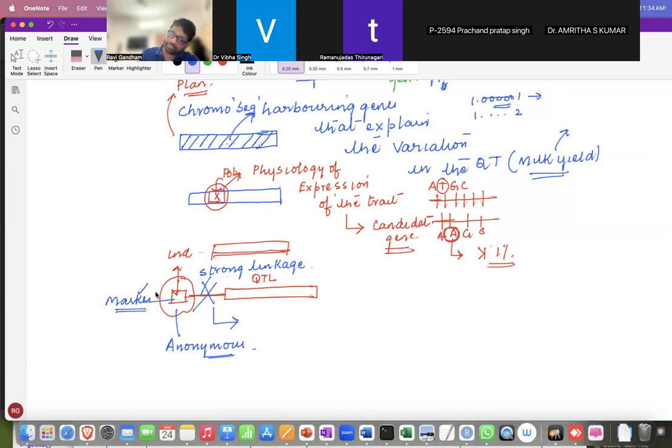So you expect that the marker, the term used in genetics, should be in strong linkage disequilibrium.